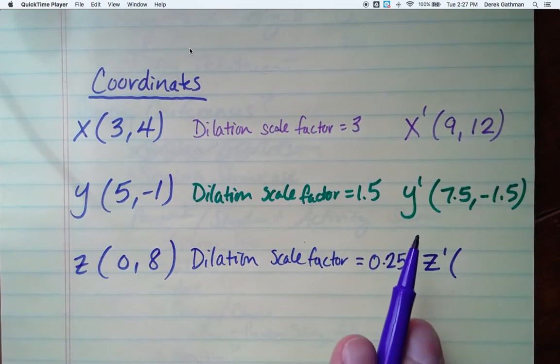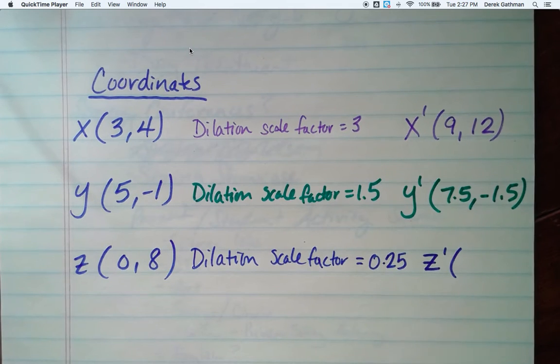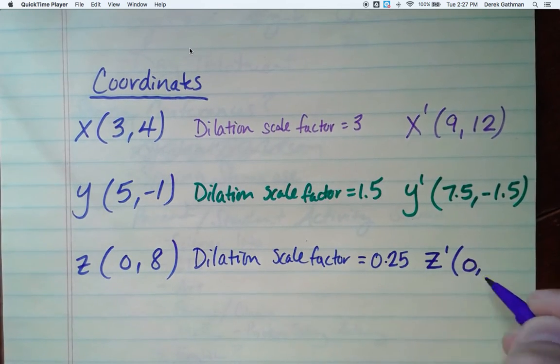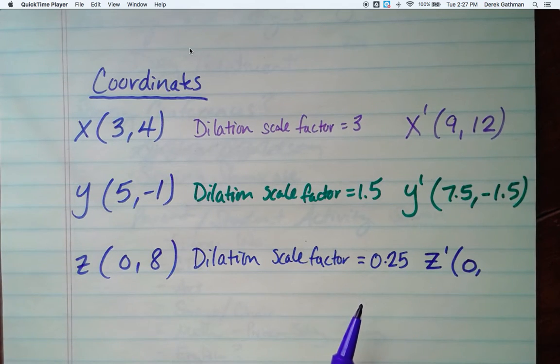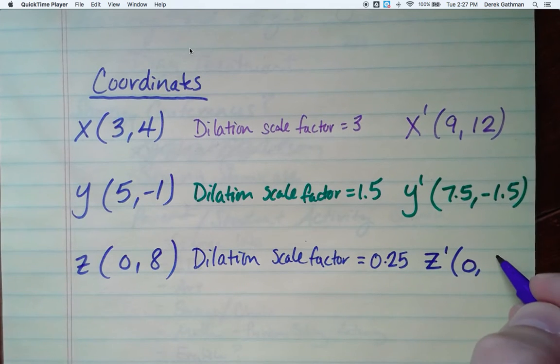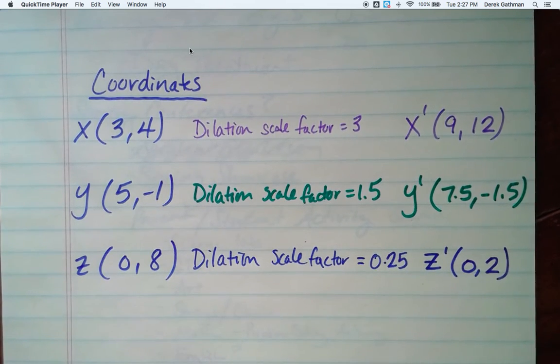Well, 0 times my scale factor, 0.25, would still give me 0. So that won't change. But then 8 is going to get smaller. So I'm going to take 8 times 0.25, or 8 divided by 4, and my new z prime is 2. So when my scale factor is smaller than 1, it's a reduction, and my new point would be much smaller than my original.